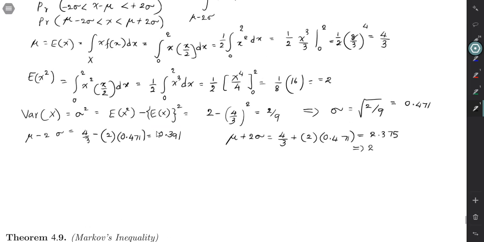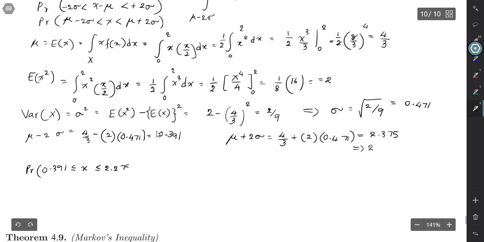Now let's find the exact probability. This is the probability that X is between 0.391 and 2.375, so you integrate from 0.391 up to 2. Remember our function f(x) is x over 2.